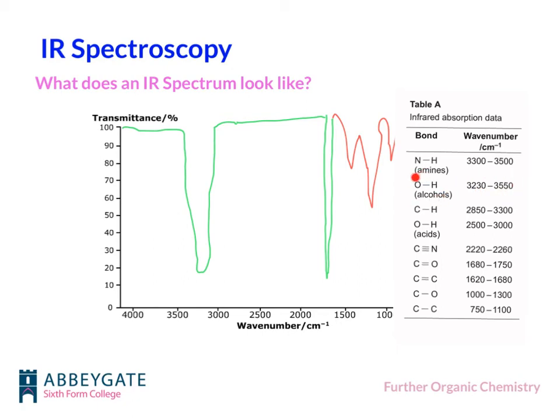So that must be an OH, or it could be, and I've also got a carbonyl group. So I've got a C double bond O, I've got a peak around 1,700. So if I've got both of those things, it's quite likely I've got something like a carboxylic acid.